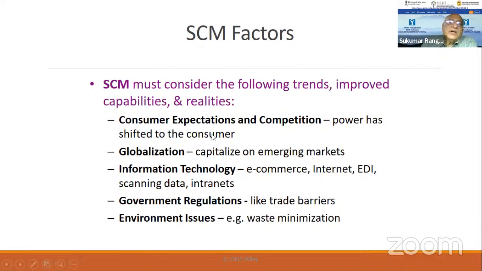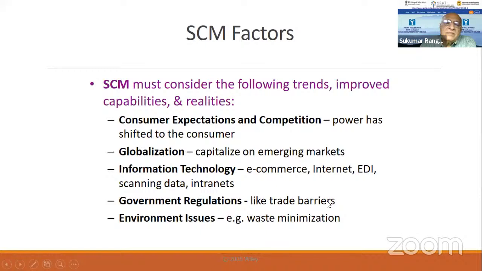Power has shifted to the consumer. Globalization, you can get from anywhere. Information technology, due to e-commerce, internet, electronic data exchange interface, internets, all that. Government regulations, trade barriers have reduced totally.